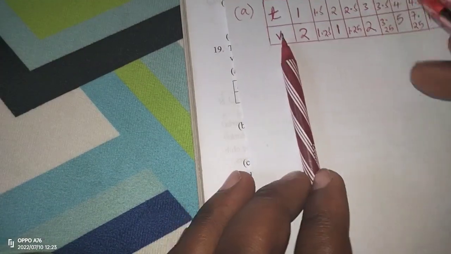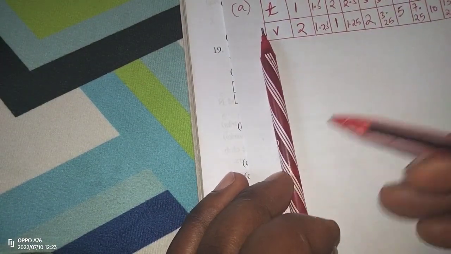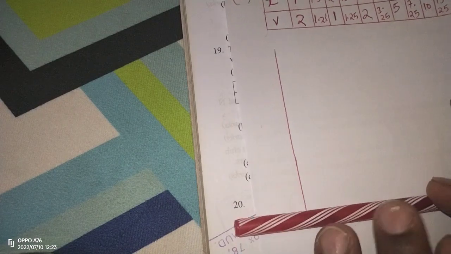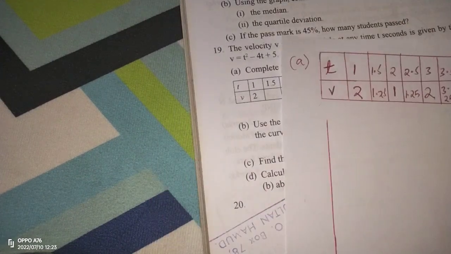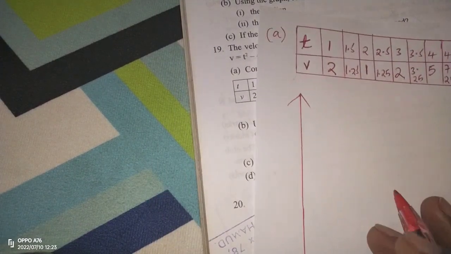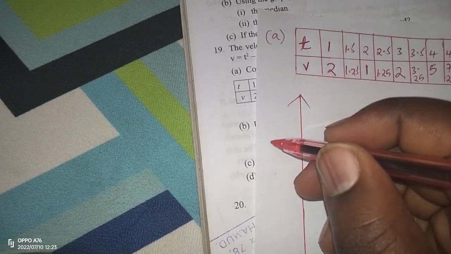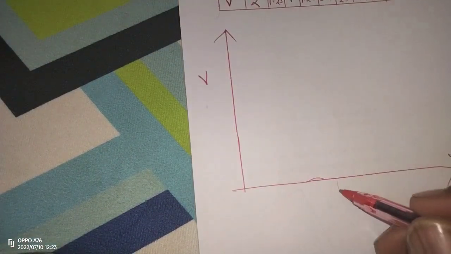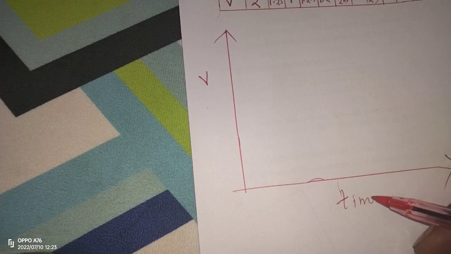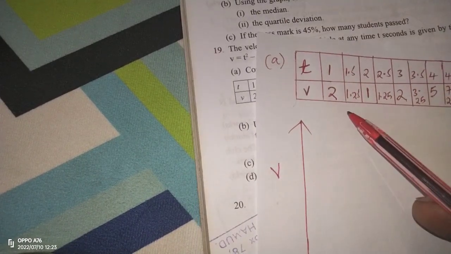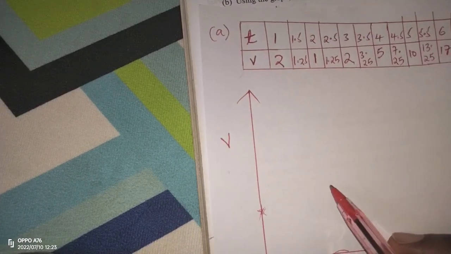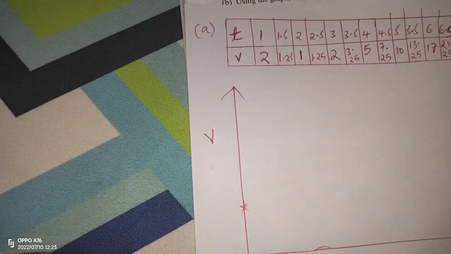So in case we had the area sketched, just a sketch of the area enclosed, such that we have velocity here and time t here. Then we would have the values of velocity from 2 up to the highest value of velocity, which is 37.